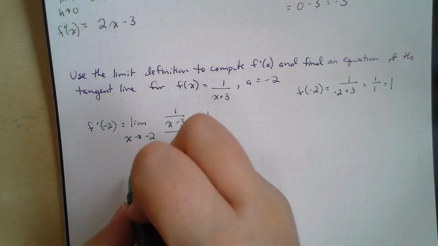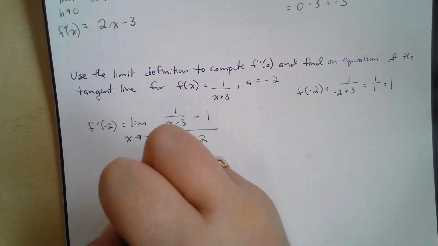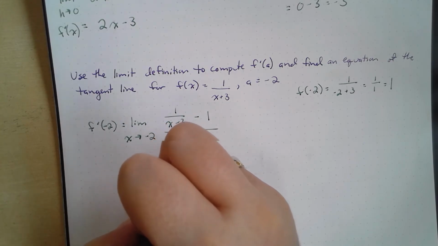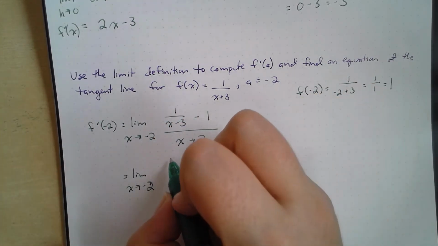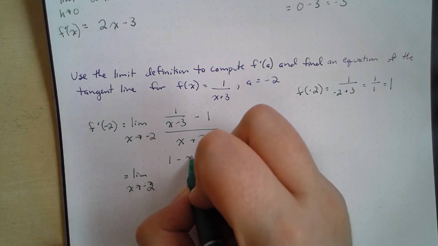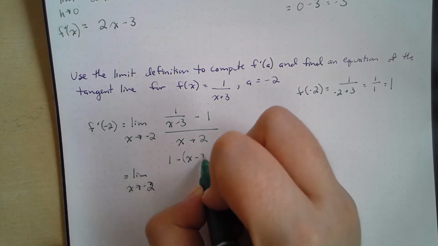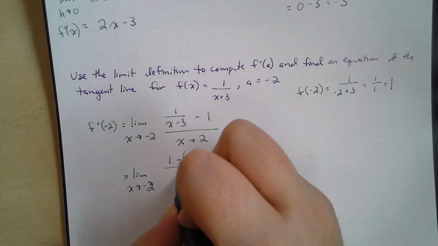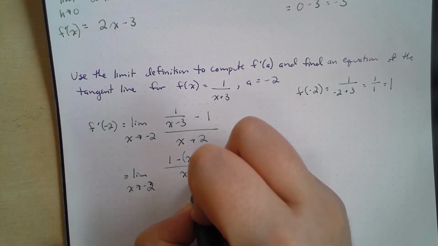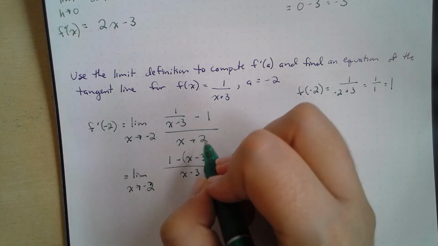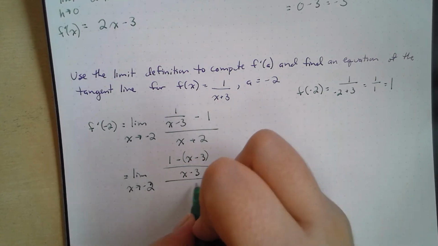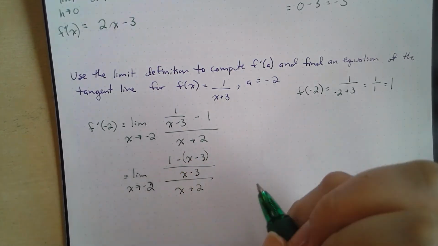Okay? So I'm going to kind of deal with our fractions here. So we're going to have 1 minus x minus 3, excuse me, over x minus 3, right? Did I do that right? All over x plus 2.